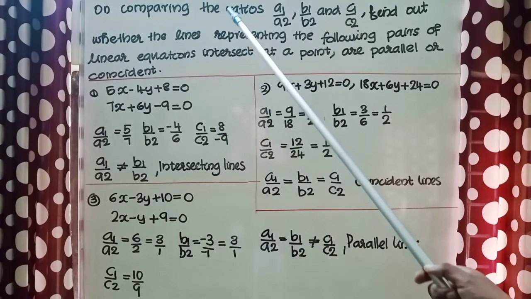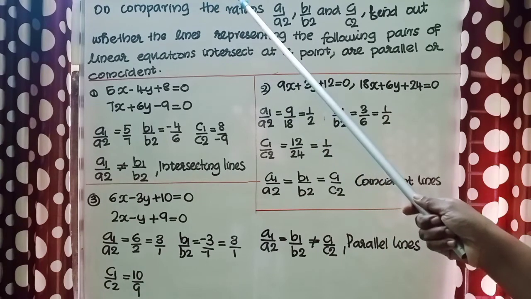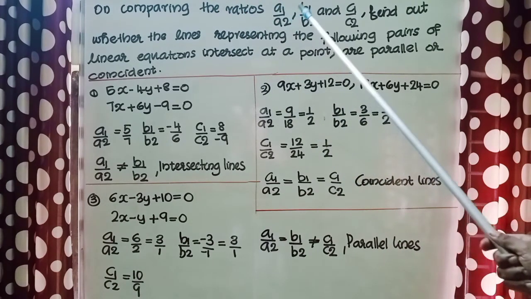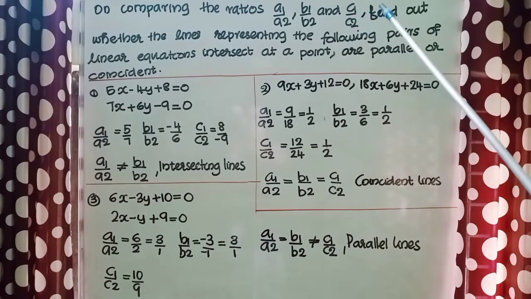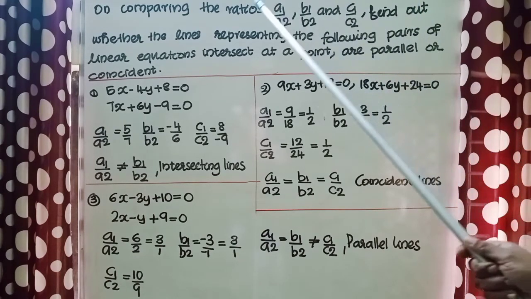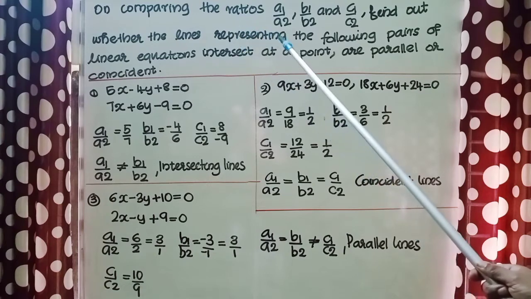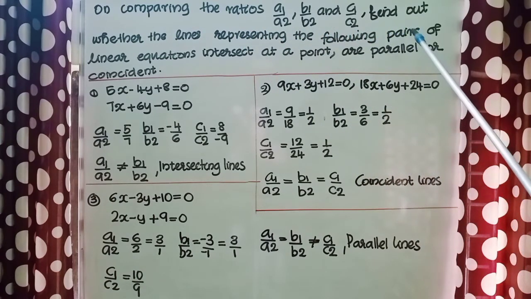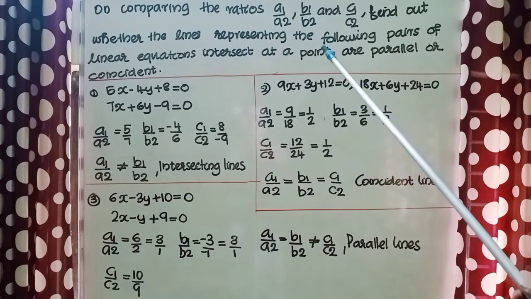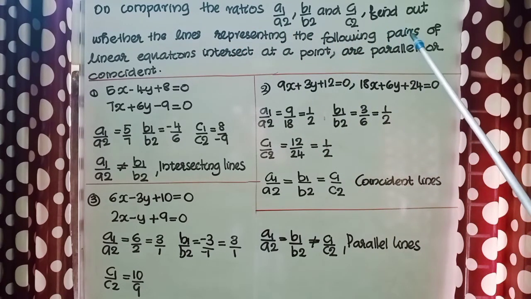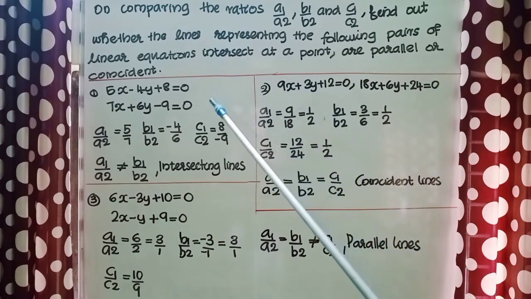Let us discuss the questions on comparing the ratios a1 by a2, b1 by b2 and c1 by c2. Find out whether the lines representing the following pairs of linear equations intersect at a point, are parallel or coincident.